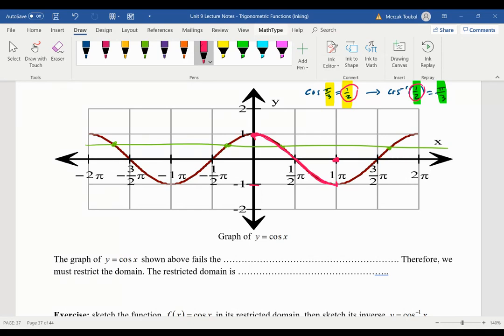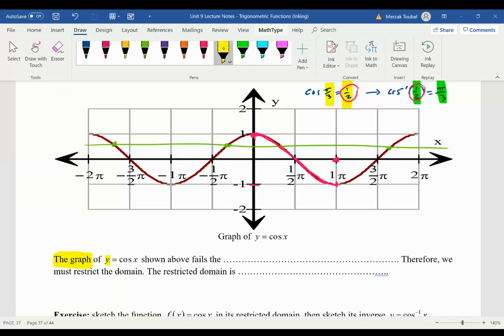If we go from -pi/2 to pi/2, like the sine, that doesn't work because it will fail the horizontal line test. So the cosine function restricted domain is from 0 to pi.